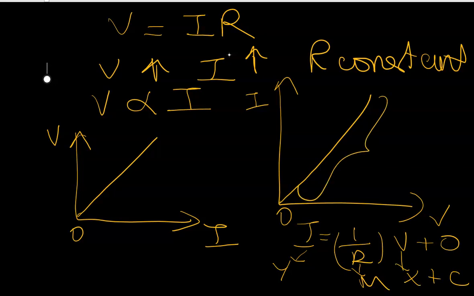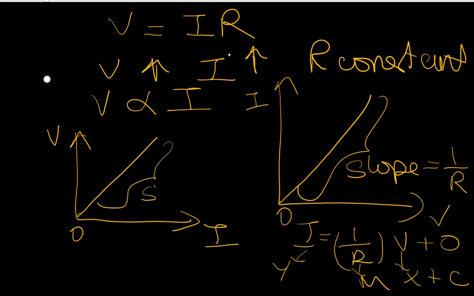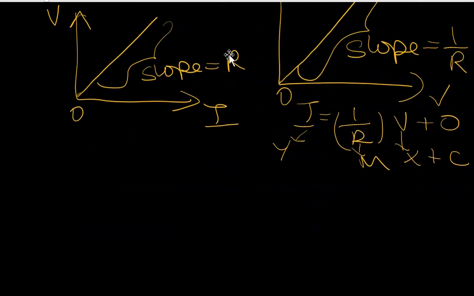So here, if I plot a graph of I versus V, the slope of my graph becomes 1 over R. If I plot a graph of V versus I, the slope of my graph is represented as R. Okay?